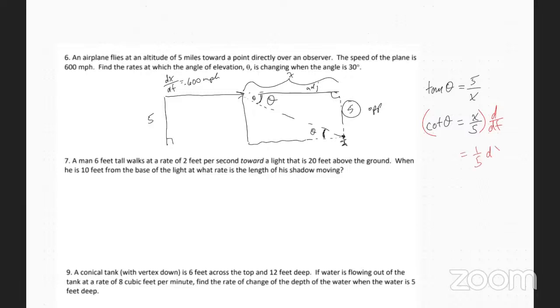And what'd you say the derivative of cotangent is? Minus cosecant squared theta times d theta/dt, because it's the chain rule.